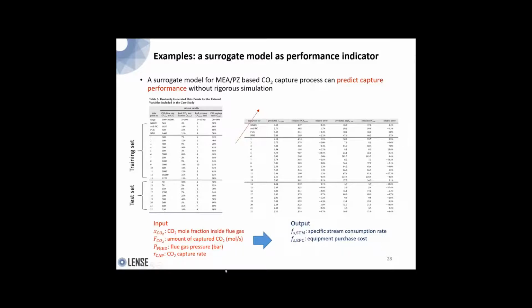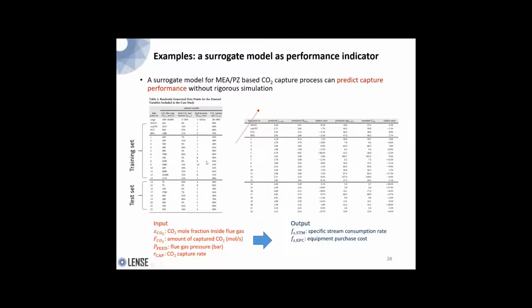And what I want to estimate is, once these input conditions and my objective are specified, what the specific steam consumption rate will be, how much steam I have to use to accomplish this separation, as well as what the equipment purchase cost will be. And just imagine having to do this through the fundamental model that involves, I think, tens of thousands of equations, right?